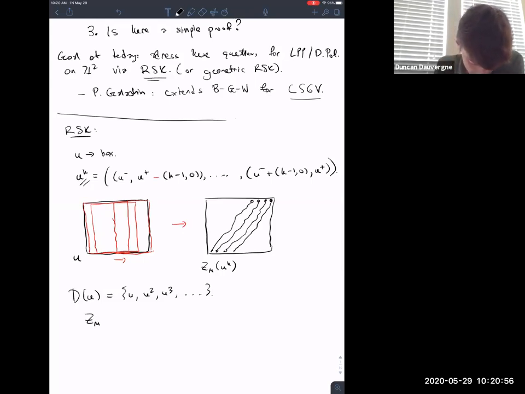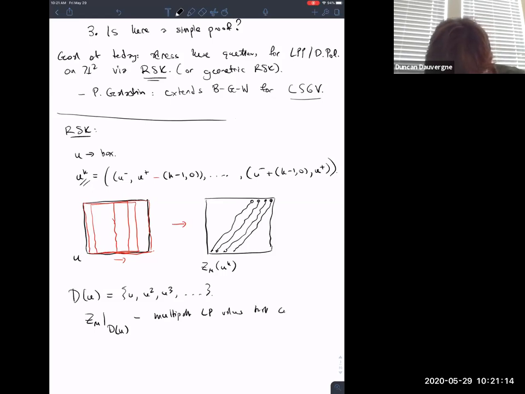So Zm on the set D of U, you can think of this as all multipath last passage values that go between the corners of U.